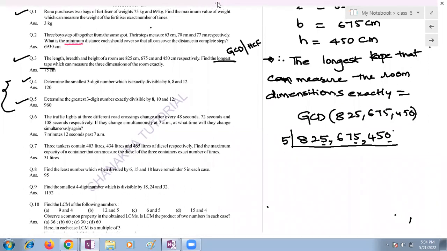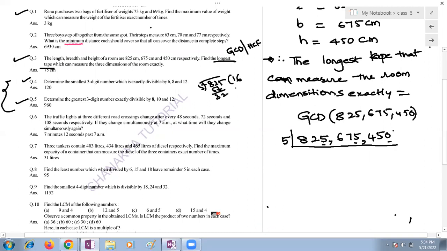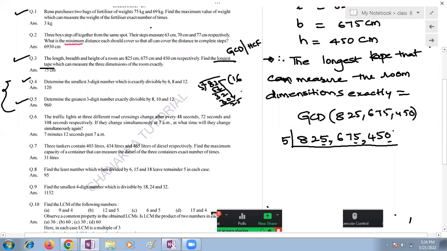So how many times 5 in 825? If you don't know, you can go with division by the 5 table. 5 ones are 5, remainder is 3. 32, 6 times 30 and 2. Bring down 5, 5 5s are 25, and 165.